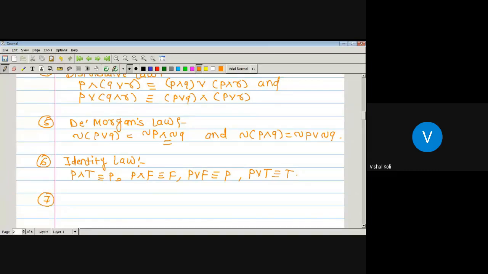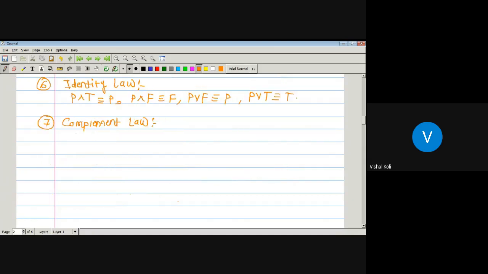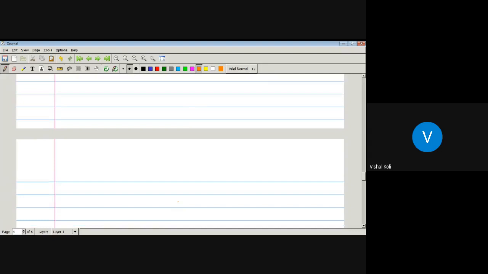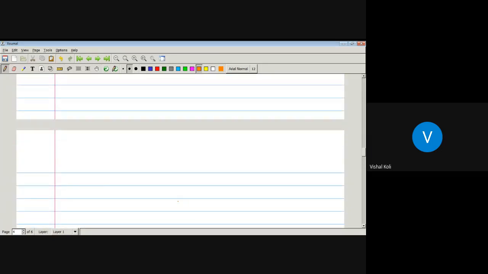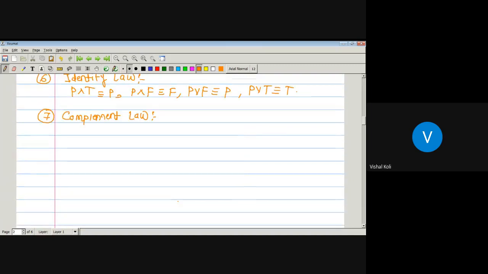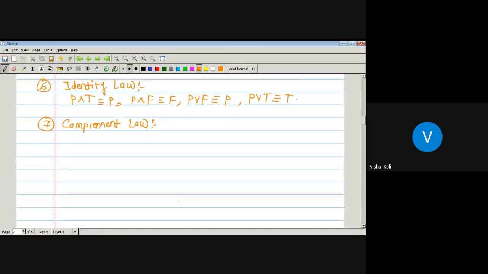Seventh one, complement law. Here we have to find the complement, meaning if P is a given statement, then we have to find its negation, and from that we have to find P and negation of P, and P or negation of P. Let us see.